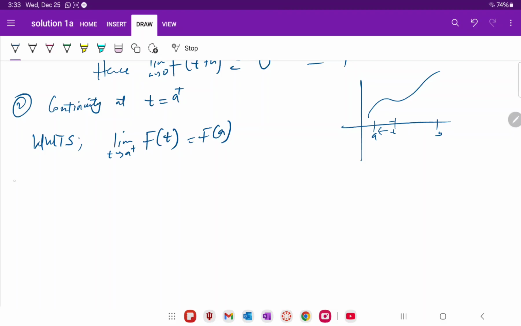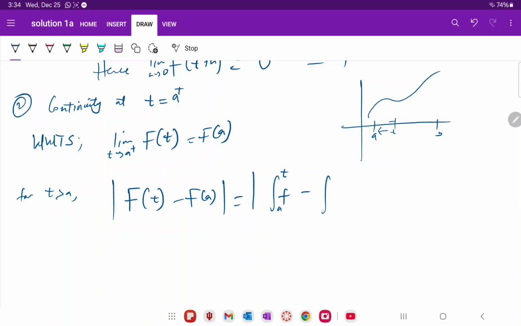So for t greater than a, we have f of t minus f of a, and that equals the integral from a to t by the definition, minus the integral from a to a, which equals 0. Remember that.